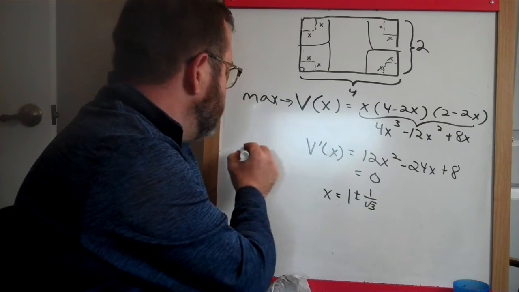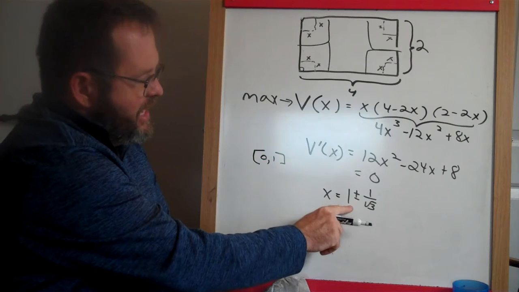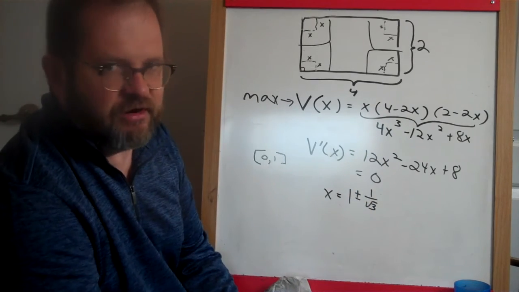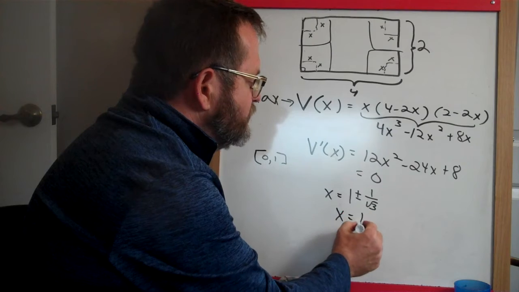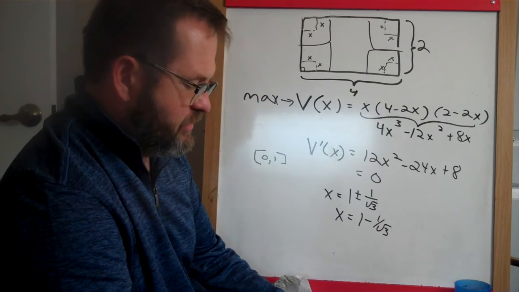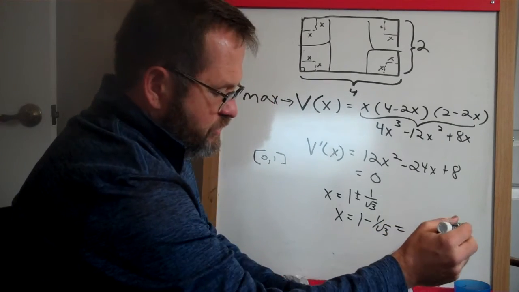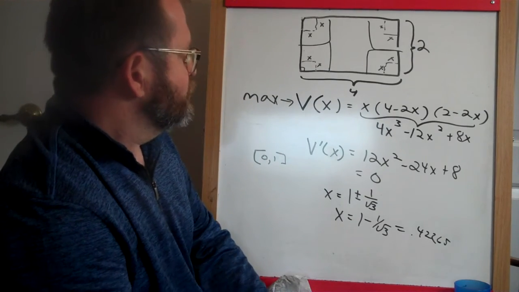Now, remember, we're only interested in the ones in the interval from 0 to 1, and the positive solution is 1 plus something, so that one doesn't fit in our domain anyway. The only value of x we're interested in is 1 minus 1 over the square root of 3, which on a calculator is about 0.42265.